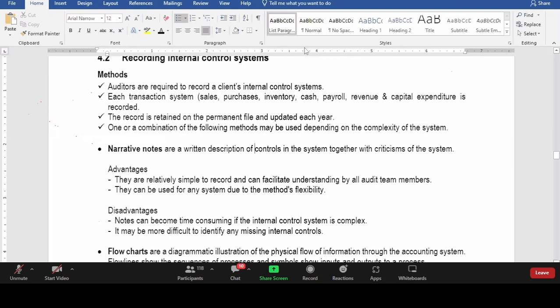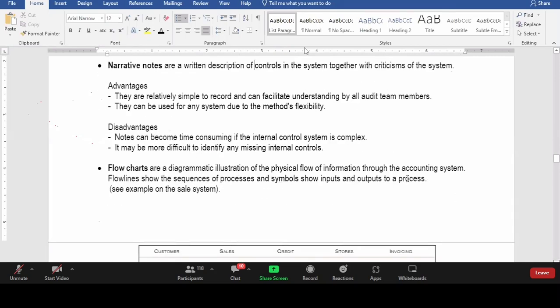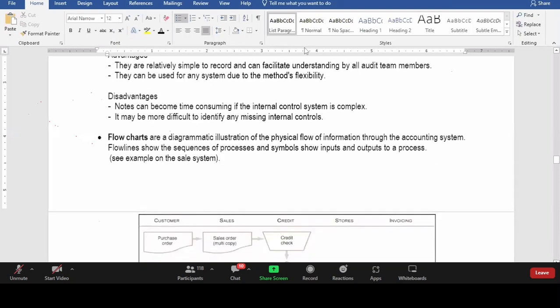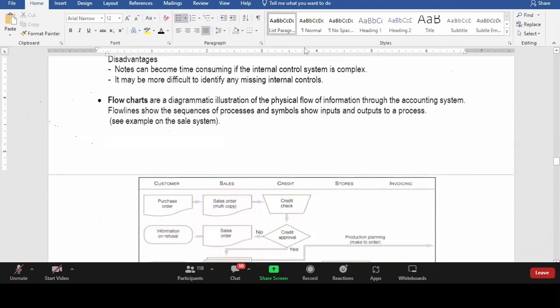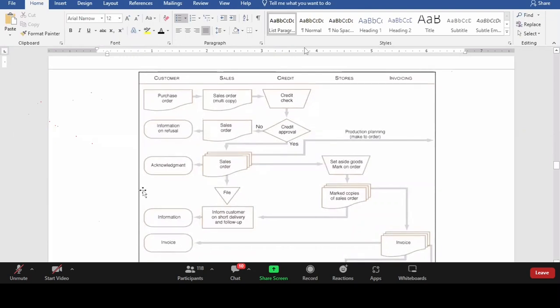The second method is a flow chart. Flow charts are a diagrammatic illustration of the physical flow of information through the accounting system. Here we use flow lines and symbols. I think you have done flow charts. We have an example here of a flow chart on sales.